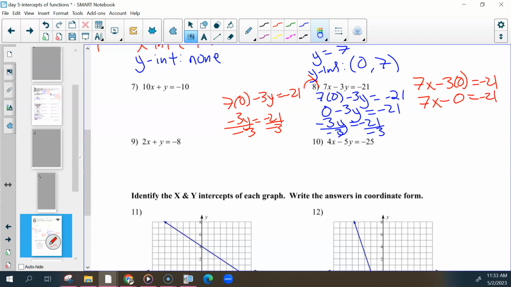So you can stop bringing down the 0 and divide. What's your x value? -3. So your x-intercept, the ordered pair, is what?